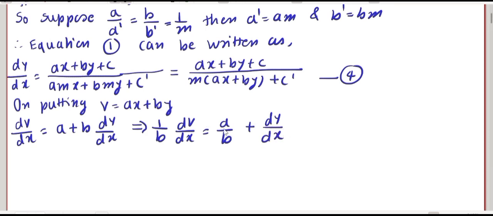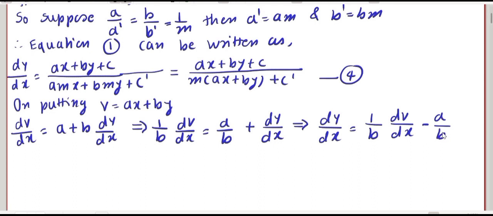Taking this term to the other side, we get dy by dx is equal to 1 upon b dv by dx minus a upon b.